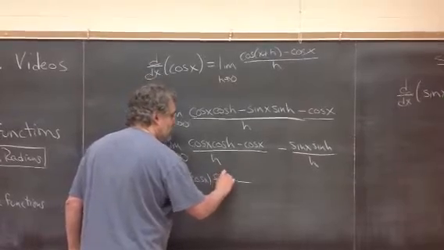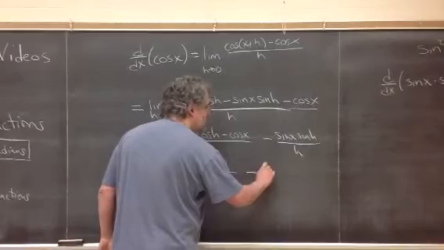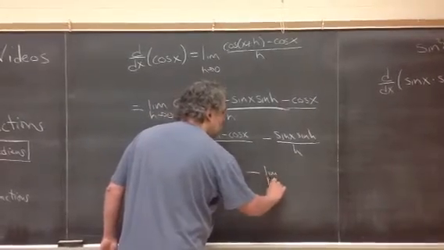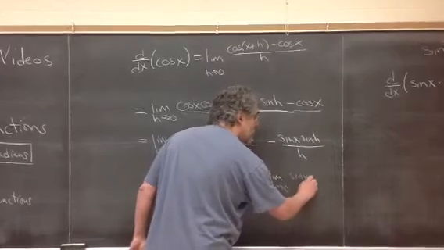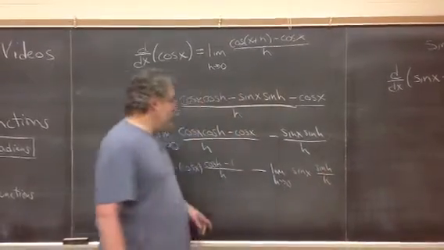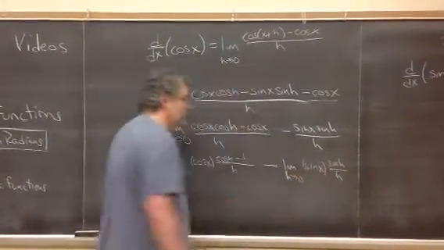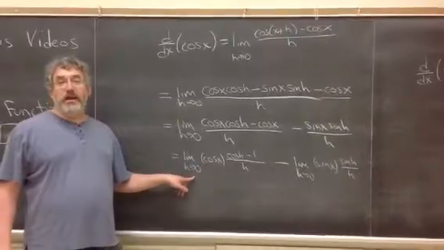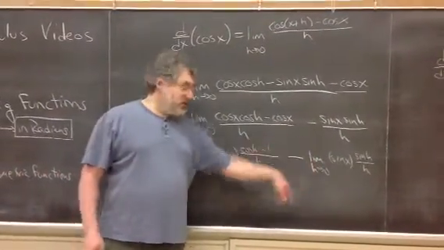I have cosine of h minus 1 over h, and then minus the limit as h goes to 0. Pull the sine of x out the same way. And the nice thing about this is cosine of x has nothing to do with h. It's constant relative to h. Likewise, the sine of x is. So let me pull those out.